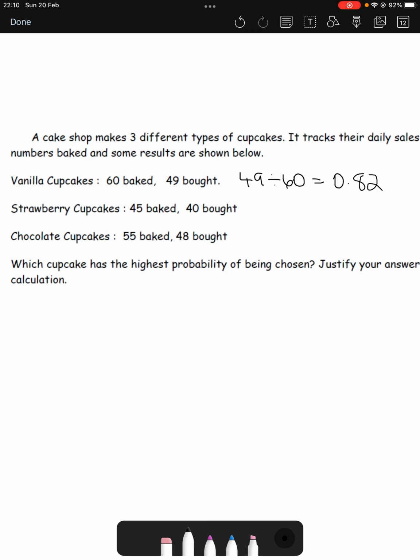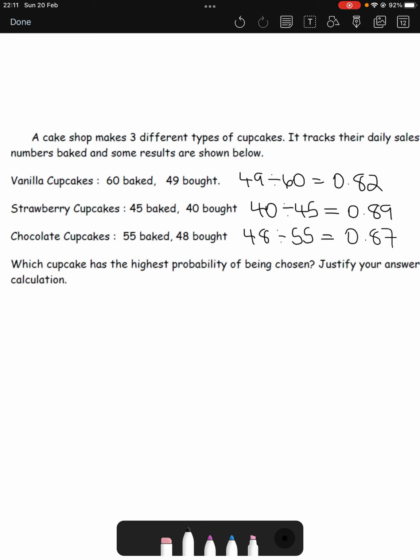Then we're going to do 40 divided by 45 for the strawberry, which is 0.89. And then we do 48 divided by 55. Again, you'll have your calculator, 0.87.